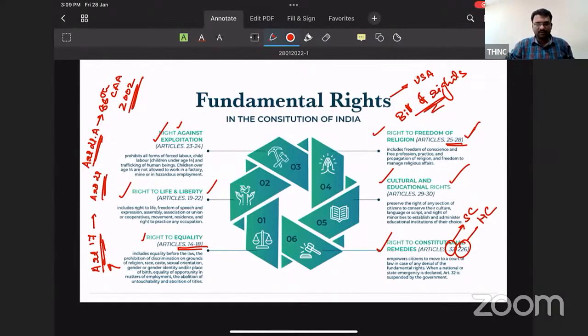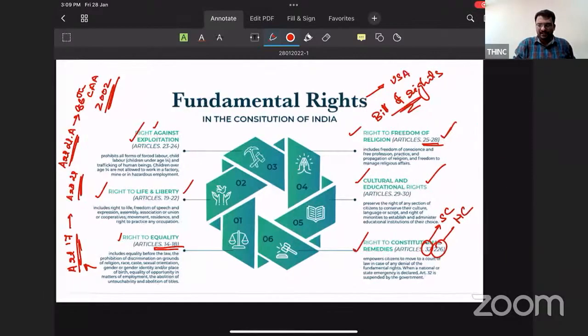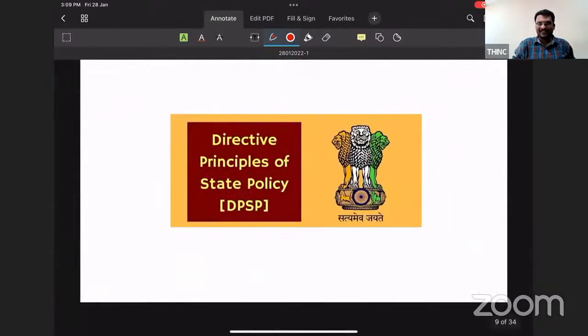Now, this is about the fundamental rights, and Articles 33, 34, and 35 are also under fundamental rights. They are related to the exceptions provided to army personnel, police, certain persons, things like that. Now comes the next chapter, chapter 4, the directive principles of state policy, DPSP.